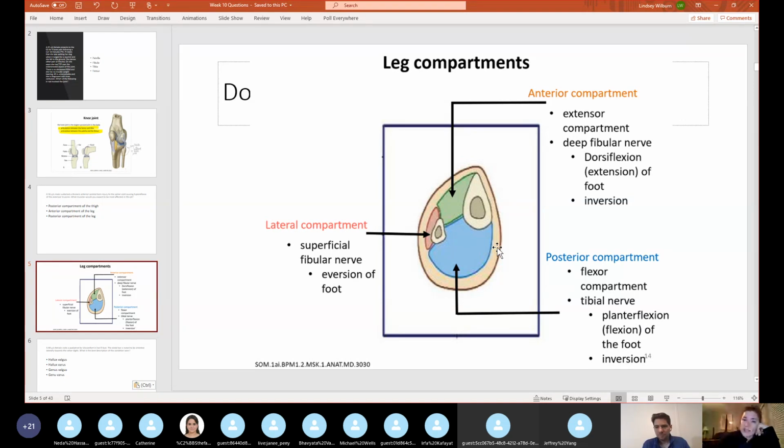I personally think if you're having difficulty understanding the muscles, the actions and innervation, organize it by compartment, because each compartment is going to have relatively the same actions and the same innervation, and they're going to be very closely associated with their blood supply. So if you're having trouble going through the muscles and you are still trying to understand all the mechanisms, group them by compartment, because it'll help you narrow something down if you just know the compartment.